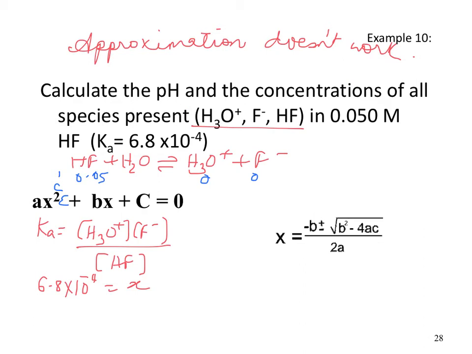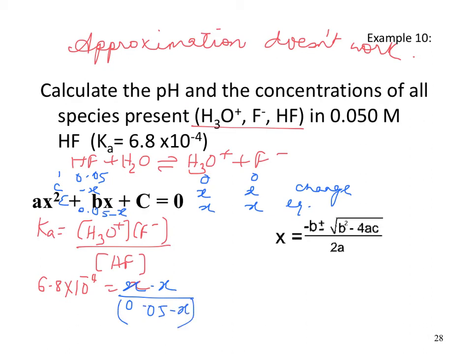This is going to be minus x for the change, C is for change, and E is for equilibrium. So 0.05 minus x, and that's going to look like x times x divided by 0.05 minus x. So x squared divided by 0.05 minus x equals 6.8 times 10 to the negative 4.